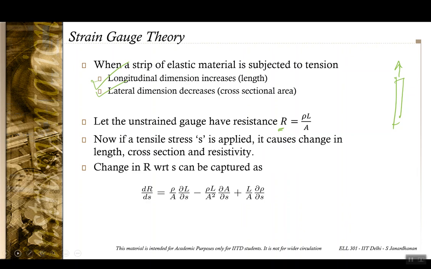Now if a tensile stress S is applied to it, this is going to cause some length change and some cross-sectional area change and probably some resistivity change. So the change of R with respect to S, dou R by dou S, can simply be expanded to the change of length with respect to S, change of area with respect to S, and change of resistivity with respect to S, and they can be related in this manner.